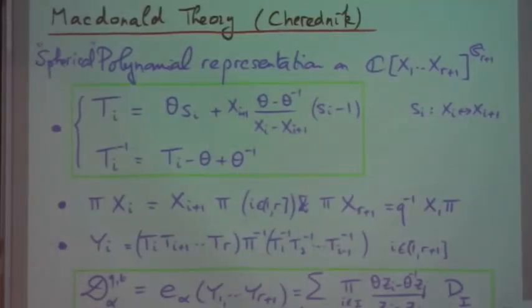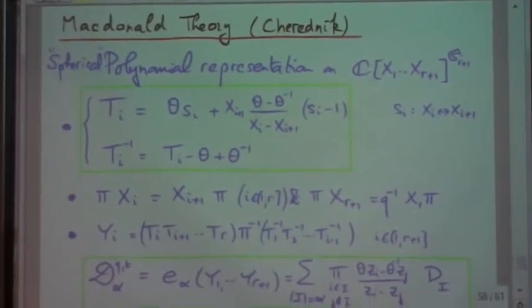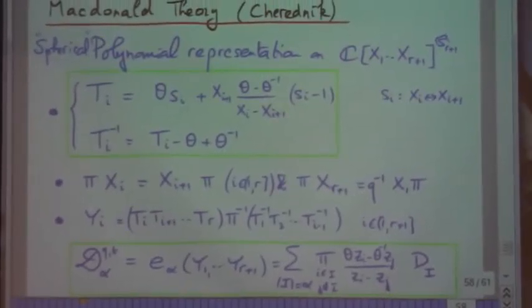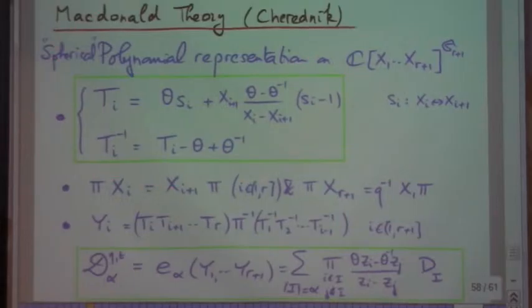Okay. So let's go now towards Macdonald theory. What is good about this double affine Hecke algebra is that it allows you to tackle very nicely and very elegantly the Macdonald polynomials. So it starts with the polynomial representation, and I already jumped to the conclusion by saying spherical here, meaning that I'm already concentrating on the symmetric polynomial representation. I don't have to, in which the t's are expressed in terms of the x's and of this operator, which is just an elementary transposition, an interchange of 2 neighboring x's.